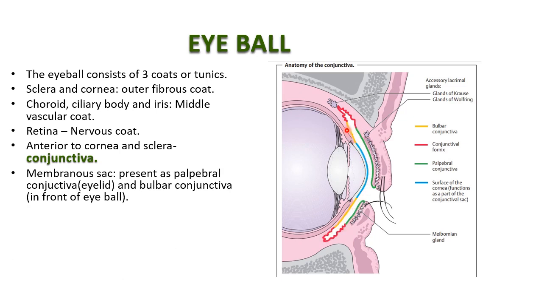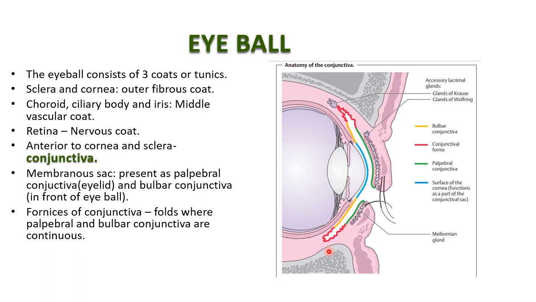The place where the palpebral conjunctiva is continuous with the bulbar conjunctiva is called the fornix of the conjunctiva. The plural is fornices, so you have a superior and an inferior fornix. It is nothing but the folds where the palpebral conjunctiva is continuous with the bulbar conjunctiva, and that encloses a sac.